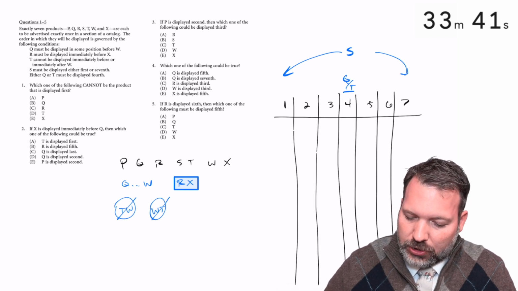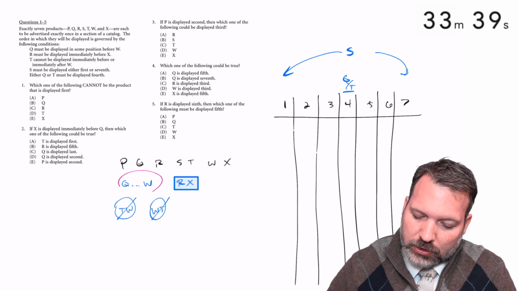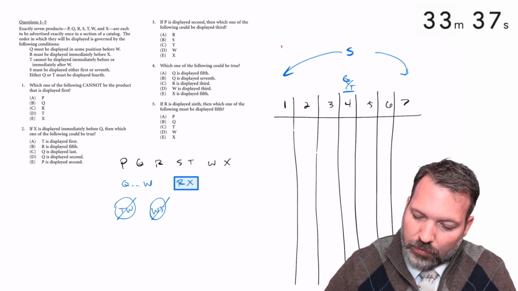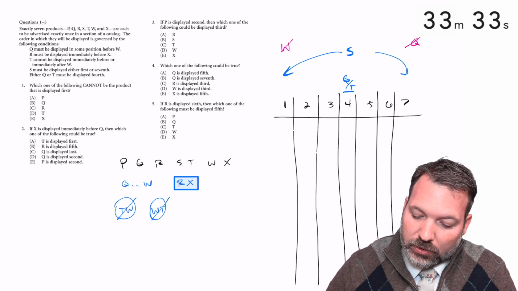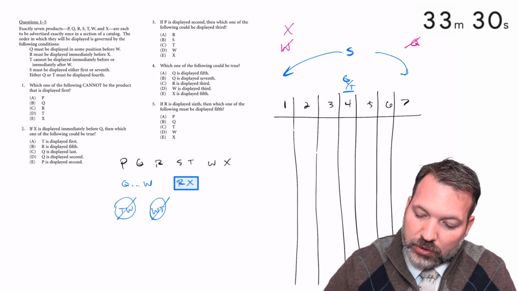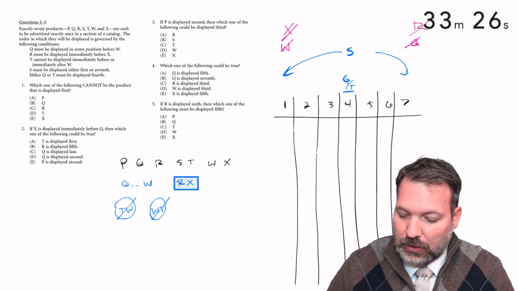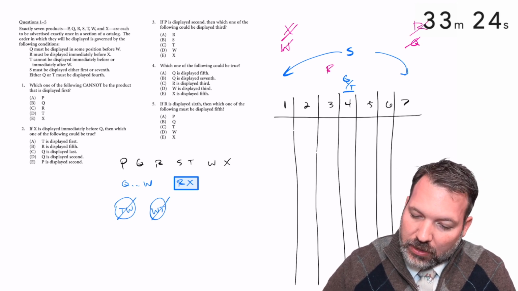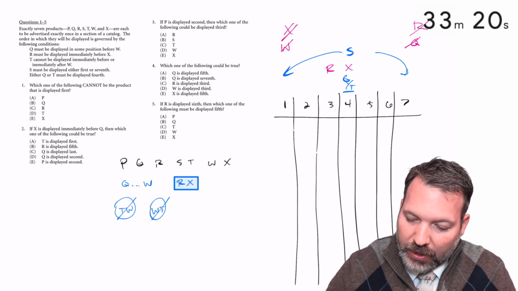For deductions, some classic order deductions, Q dot dot dot W means there's no way W is ever first. No way Q is ever last. We can do the same thing with our block clue. There's no way X is first. There's no way R is last. And for that matter, I can see here RX in 3 and 4 would not be possible.